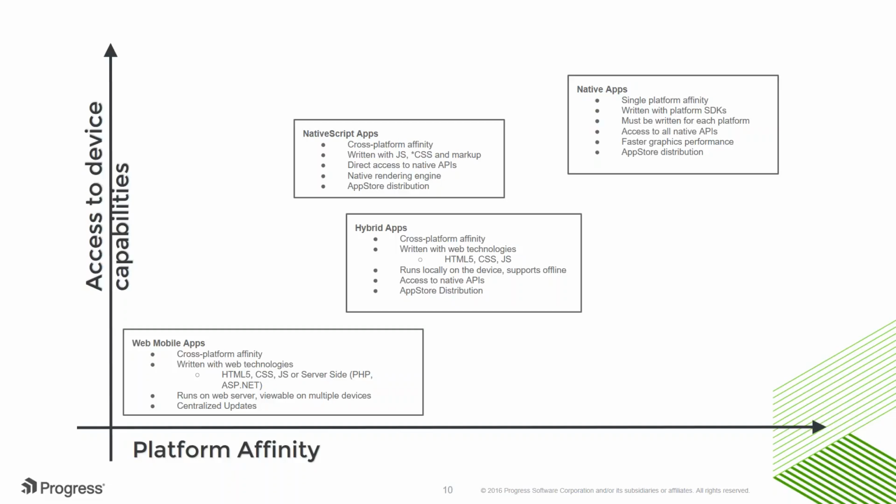And there has always been the web mobile app, meaning I build a web application and host it on a server. You pick up your device, open your browser, and go to www.telerik.com or progress.com, whatever. You get an application rendered in your browser, styled to look good on a 4-inch or 5-inch screen. That's the web mobile app that has been done for ages, right? The only problem is, since this runs inside the browser, you cannot access any of the device capabilities.